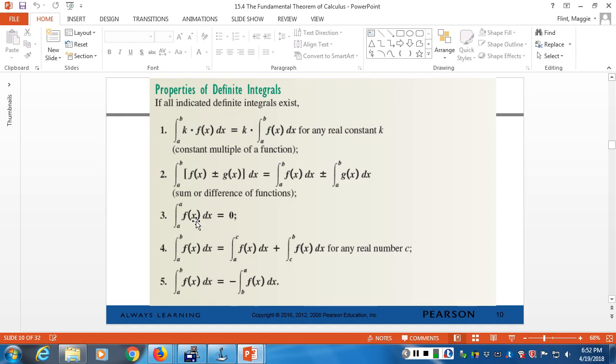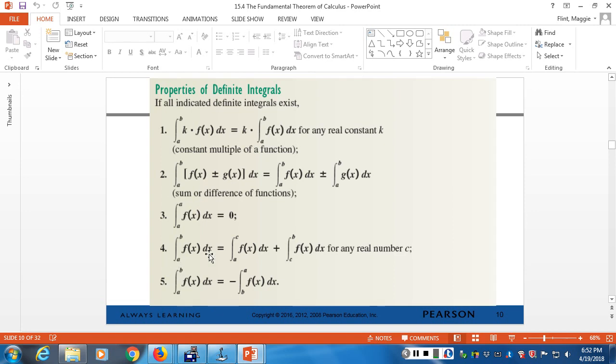Because all this says is if you are integrating a function from 1 to 1, well, 1's here and 1's here, and there's no area between 1 and 1 because you can't find the area of a line. That area is 0. A line doesn't have area. It has length, but no width. So that one's just a statement that if your limits match, all you did was draw a line. You don't get an area for that.